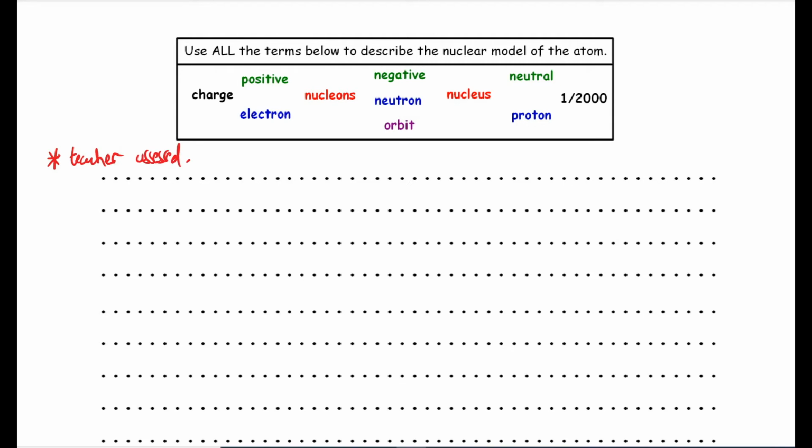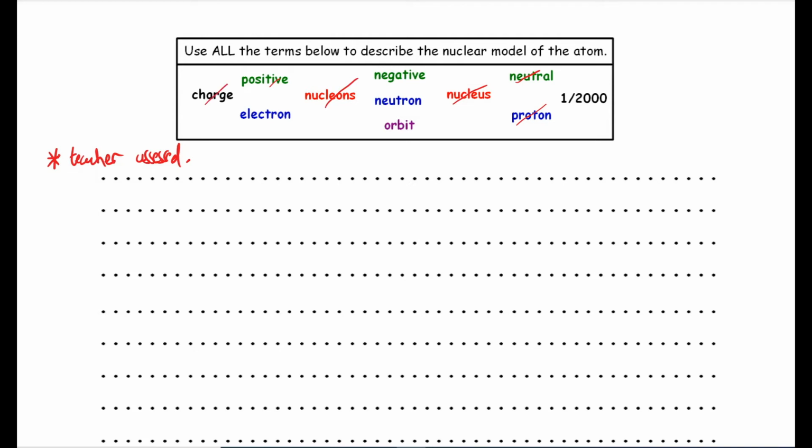And what you need to do in that part there is make sure you use all these words. So for example, you'd start off by saying the atom consists of a central nucleus that contains nucleons, which are protons, positively charged protons, and neutral nucleons.